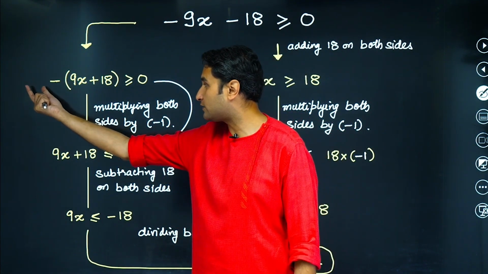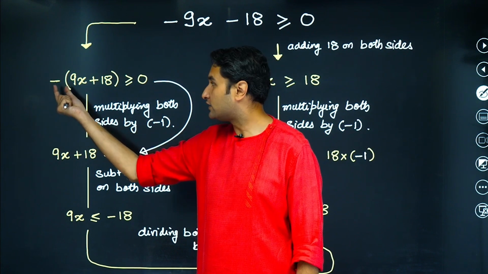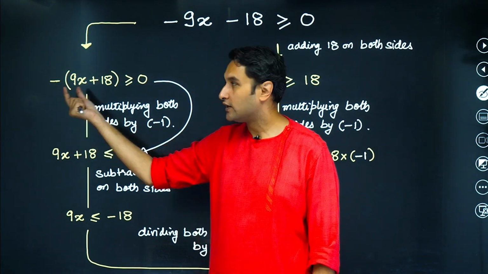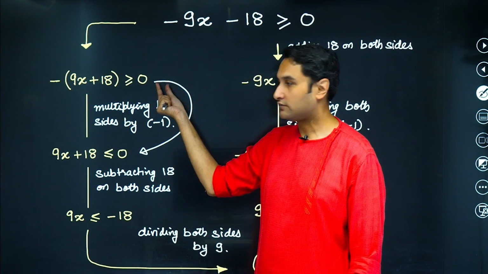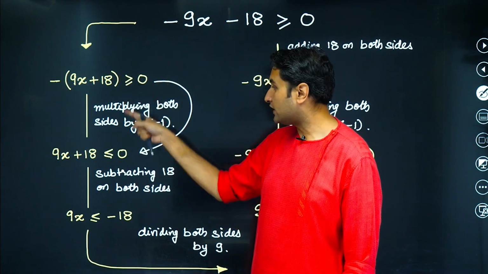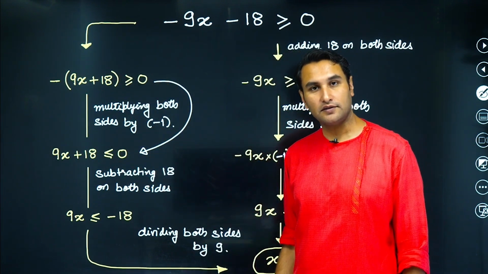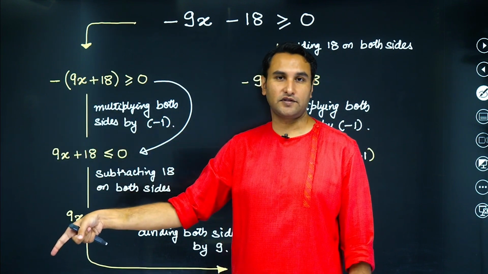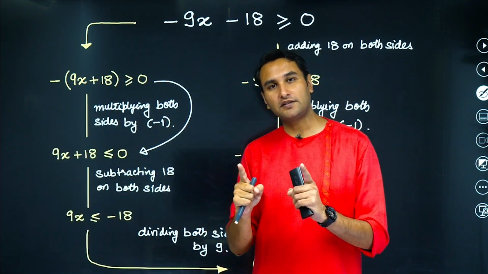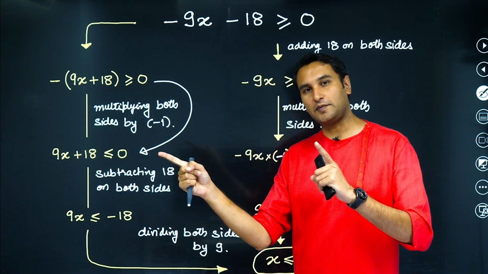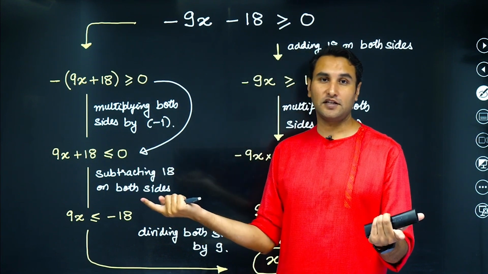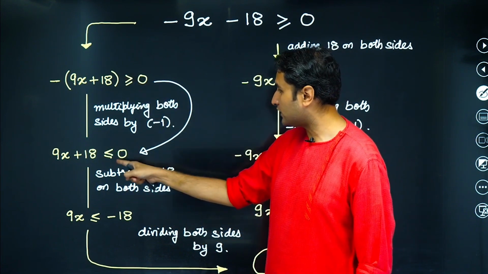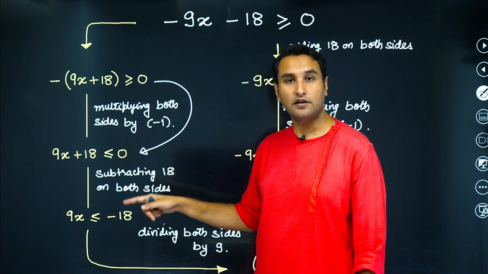When you multiply this side by minus 1, that will eat up the minus sign. 0 multiplied by minus 1 is 0. But the inequality will change. So don't directly cut the negative sign. The way to remove the minus sign is multiplying both sides by minus 1, but that changes the inequality. This minus sign now gets removed.